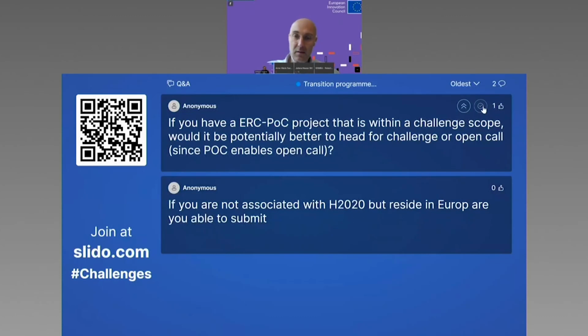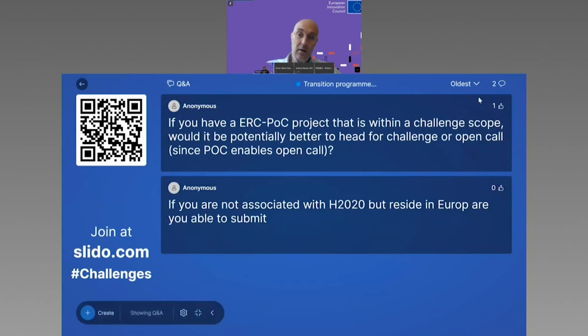It depends if the amount of proposals submitted for challenge scope is lower or higher than in open. So far, what we have seen is that there were fewer proposals submitted in challenges than in open. So therefore, the success rate for challenges was slightly higher.